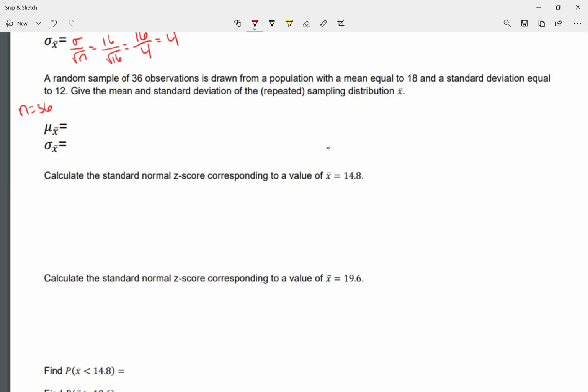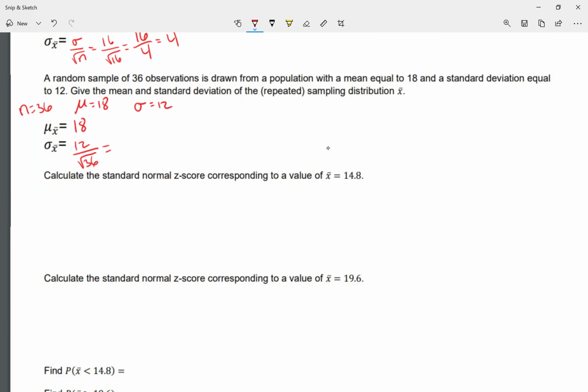Oh, so the mean of the population is 18, and the standard deviation is equal to 12. Give the mean and standard deviation of the repeated sampling distribution X crossbar. Okay, so let's work on this. The mean of the population is equal to the mean of the sample. So this is 18. Now here, I'm going to go 12 divided by the square root of 36.